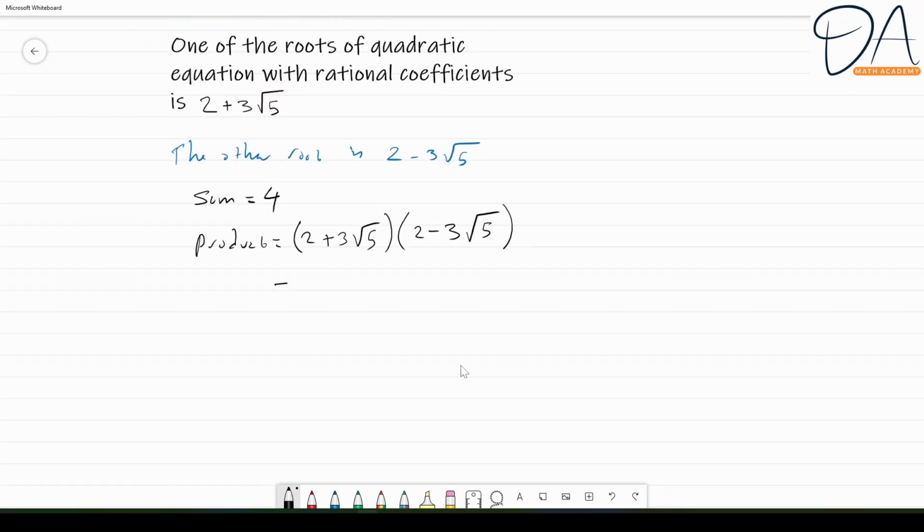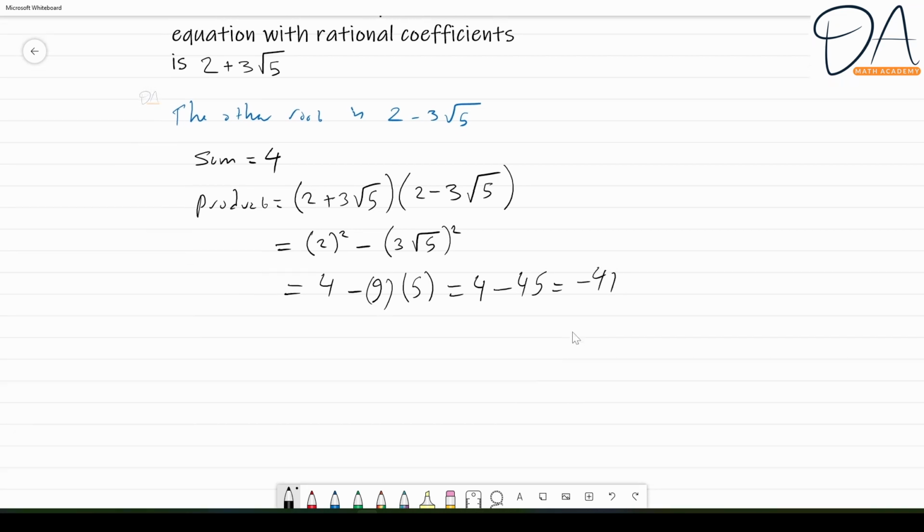So we'll have a, in this case, 2 squared, minus b, which is 3 square root of 5 squared. 2 squared is 4. This is 3 square root of 5 all squared, so we can square each separately. 3 squared will give you 9 times the square root of 5 squared. When you square it, you will get rid of the square root, so you'll get 5. And this will give you 4 minus 45, which gives you minus 41.